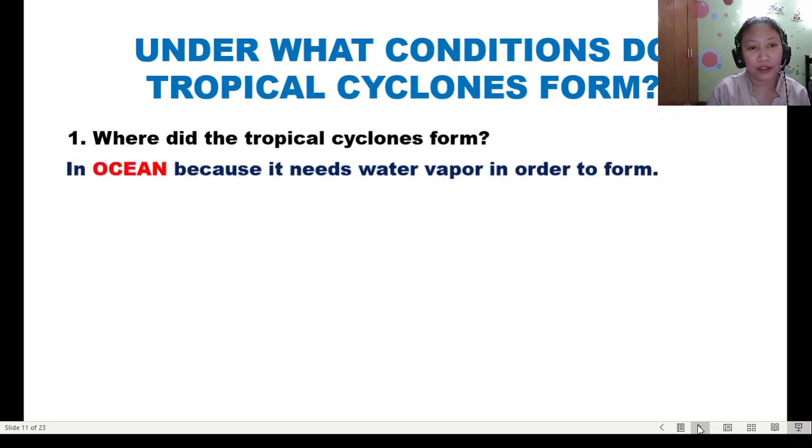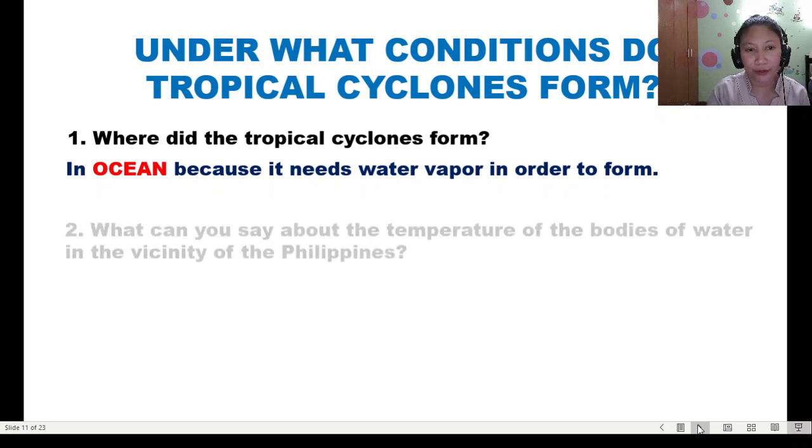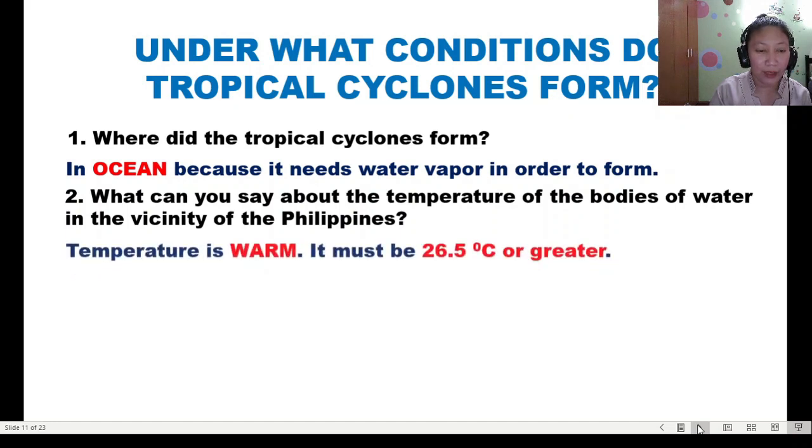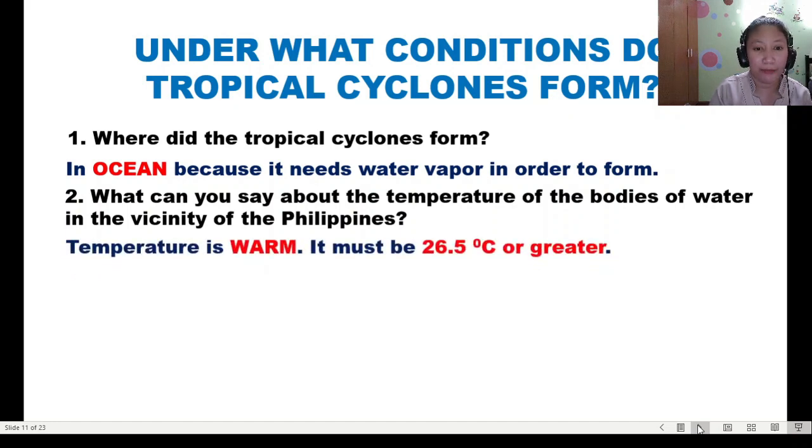First, where did the tropical cyclones form? So the answer is in ocean because it needs water vapor in order to form. Number 2, what can you say about the temperature of the bodies of water in the vicinity of the Philippines? So ang tinutukoy dito is our Pacific Ocean. The temperature should be warm and it must be 26.5 degrees Celsius or greater.